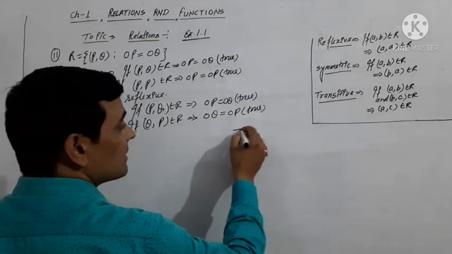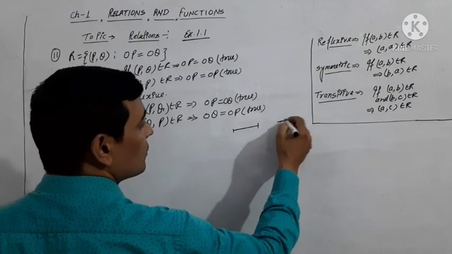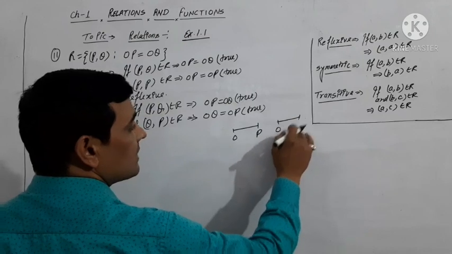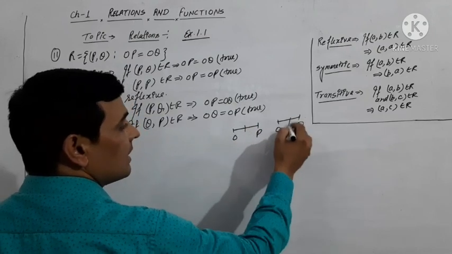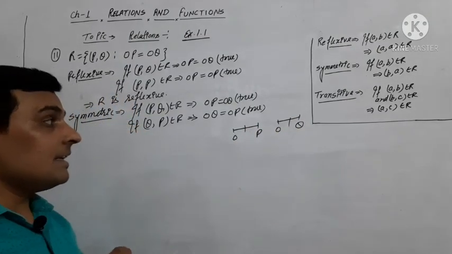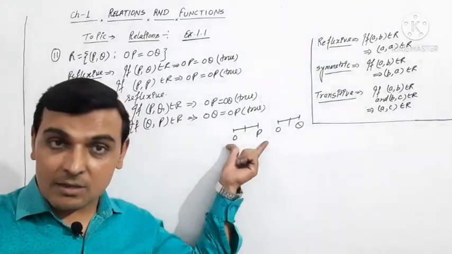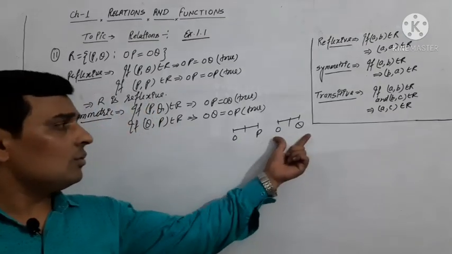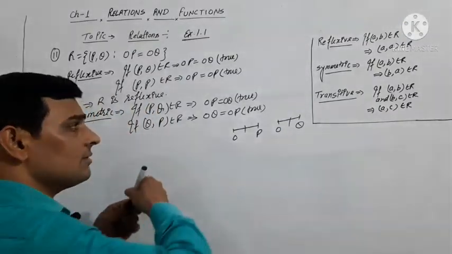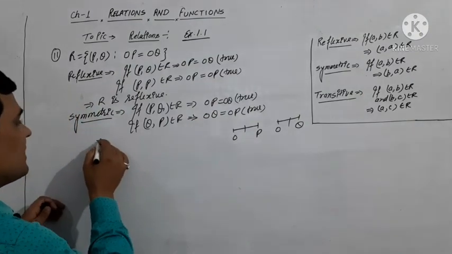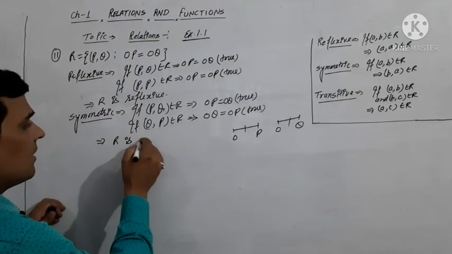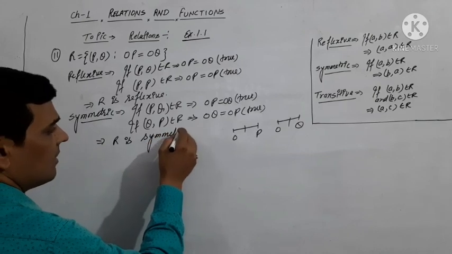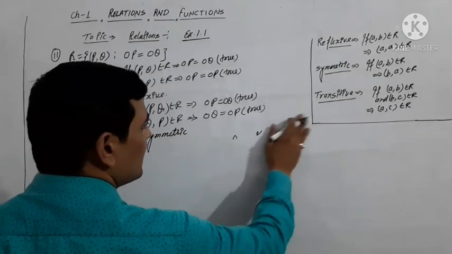Suppose that ये distance OP है और ये distance OQ. If distance OP is same as distance OQ, then we can say that distance OQ same as distance OP. तो दोनों distance same है, चाहे तो OP equal to OQ कह दें या OQ equal to OP कह दें. So this is also true. This implies that R is symmetric. Clear? Relation R is symmetric also.